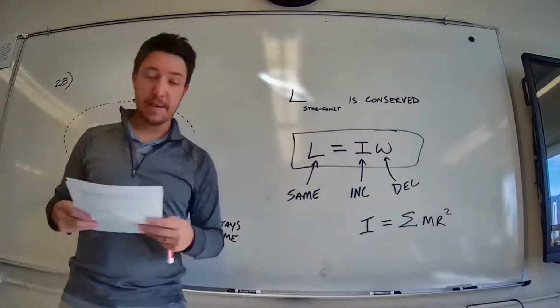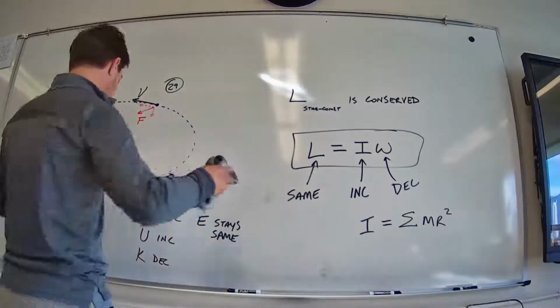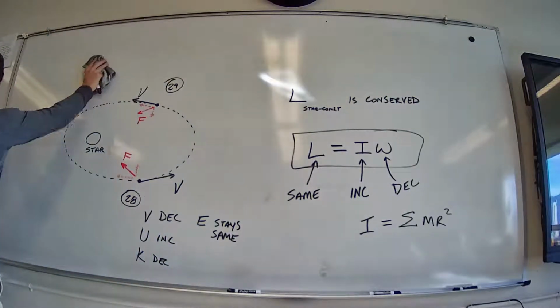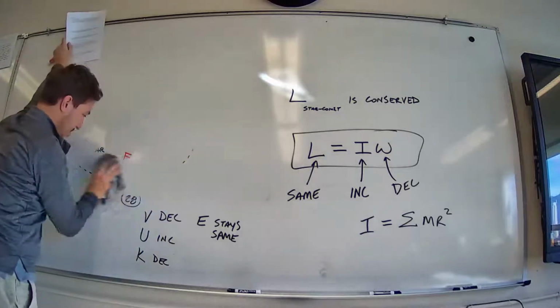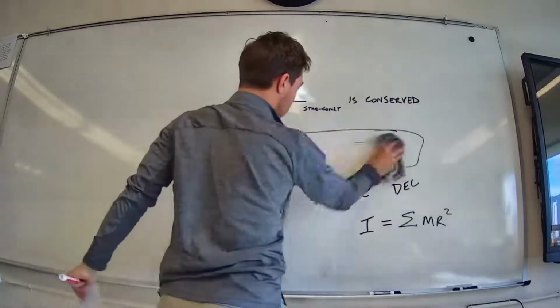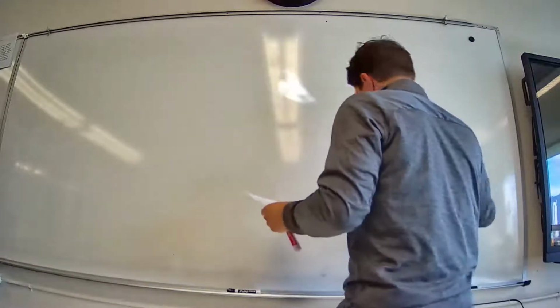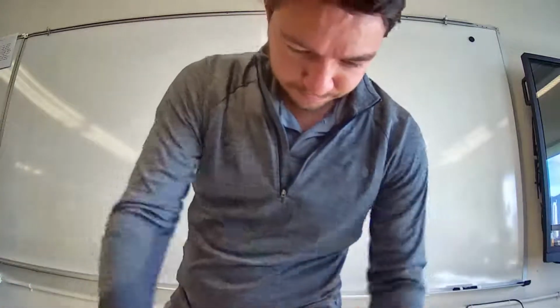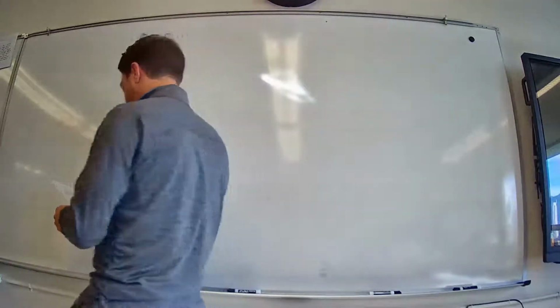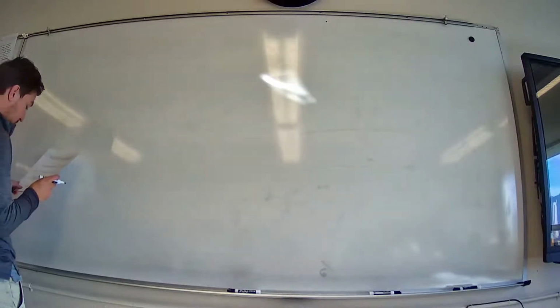Okay, escape velocity. So 32, just read 32 while I'm erasing here. So hold on, it says never come back.